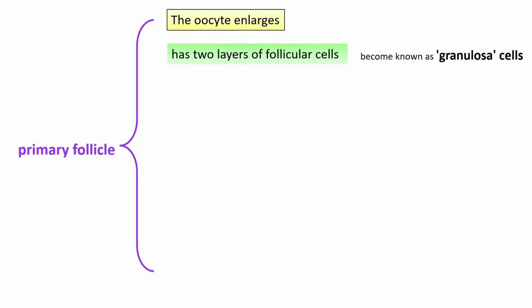What is next is that these follicular cells become known as granulosa cells. Why granulosa? Because they are starting to develop granules of hormones to be secreted.